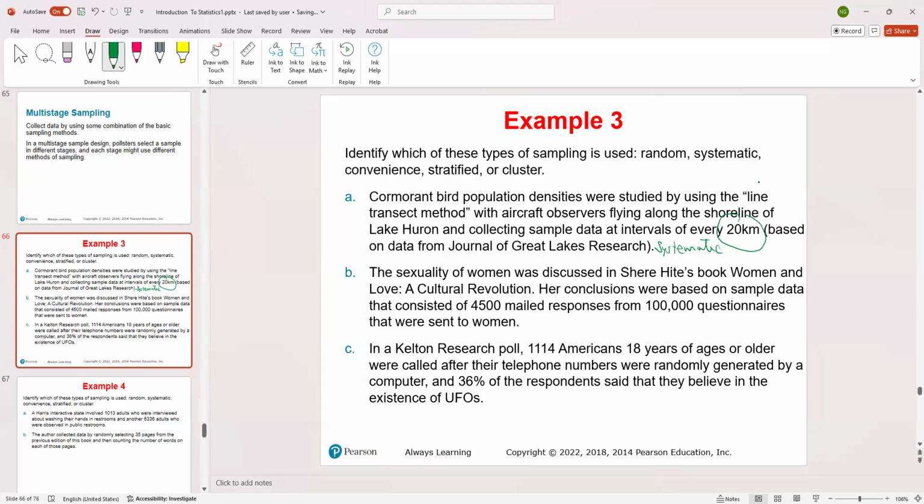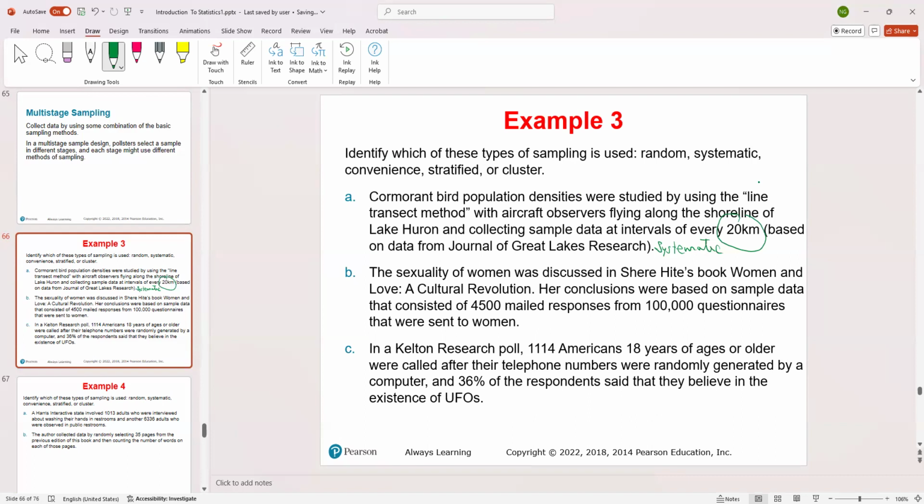The sexuality of women was discussed in Shere Hite's book Women and Love: A Cultural Revolution. Her conclusions were based on sample data that consists of 4,500 mailed responses from 100,000 questionnaires that were sent to women. I know that could be very confusing, but look, that's very easy to use.